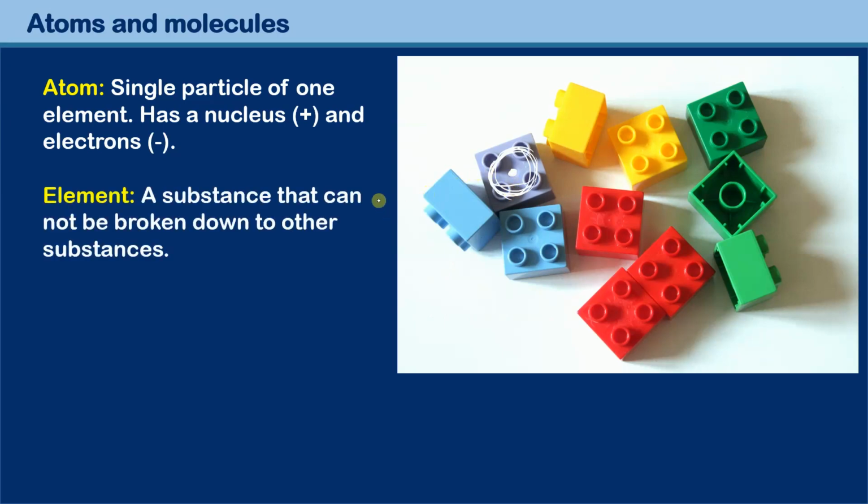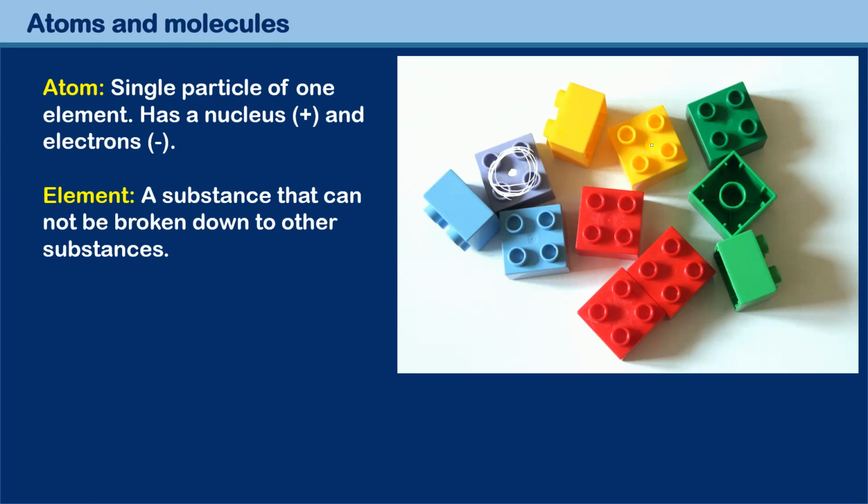but an element is a substance that also cannot be broken down into other substances. So this means if I have an atom over here, I cannot convert this atom to another type. Okay, so I cannot change colors.